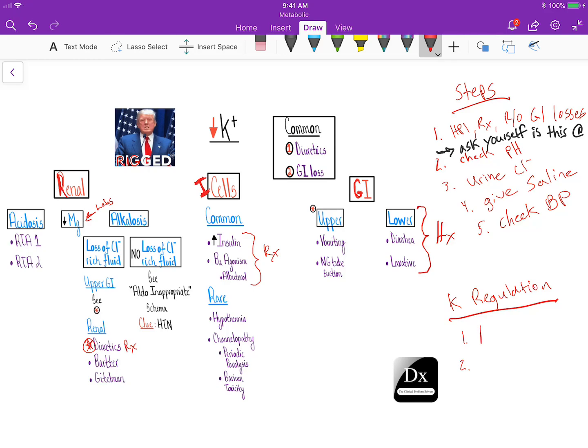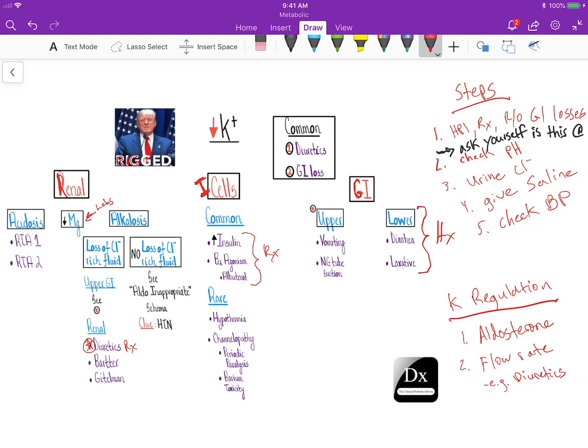Number one is aldosterone, because aldosterone activates the ROMK channel and other things in the collecting duct, or flow rate. So things that increase your flow rate can increase potassium excretion. For example, diuretics. All right. So pretty cool and pretty helpful to understand the physiology of what's going on there.